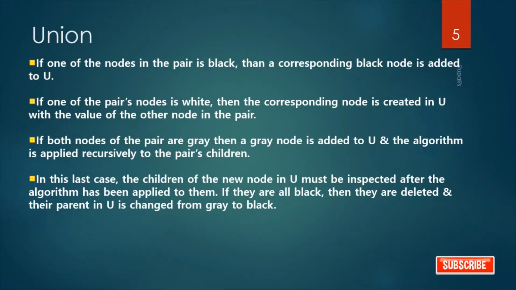If both nodes of the pair are gray, then a gray node is added to U, and the algorithm is applied recursively to the pair's children. In the last case, the children of the new node in U must be inspected after the algorithm has been applied to them. If they are all black, then they are deleted and their parent in U is changed from gray to black. So, see the example by applying this rule.